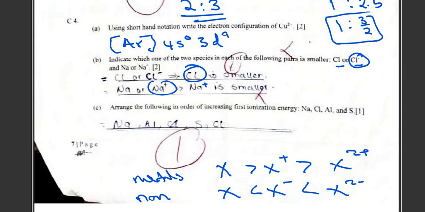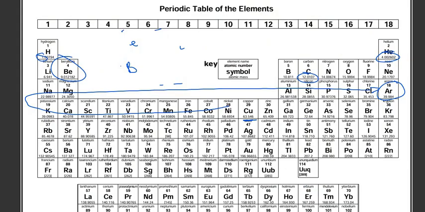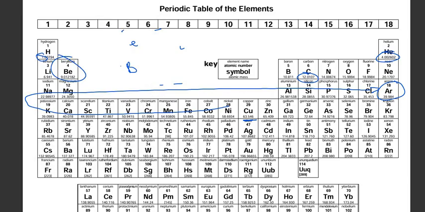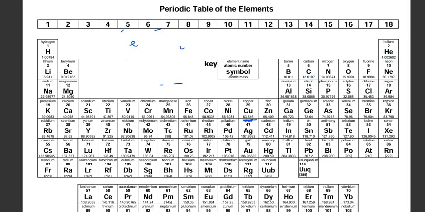Then number C, arrange the following in order of increasing first ionization energy. Ionization energy increases from left to right. So the order that he made here is true, because if we go back to our periodic table, we're having sodium, aluminium, then sulfur, and chlorine somewhere there.